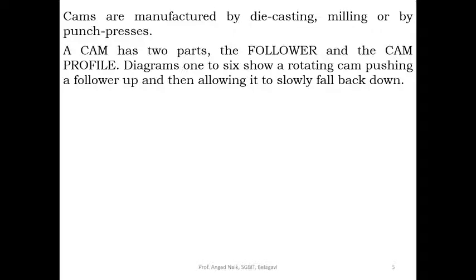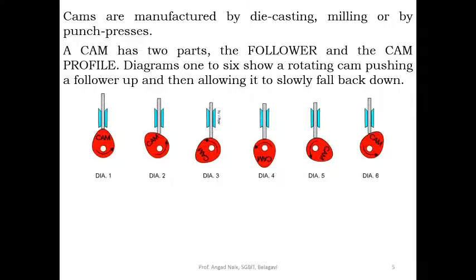Now we'll have a look at a diagram which will help us in understanding the type of motion. Diagrams number 1, 2, 3, 4, 5, 6 are shown. Diagrams 1 to 6 show a rotating cam pushing a follower up and then allowing it to slowly fall back down.